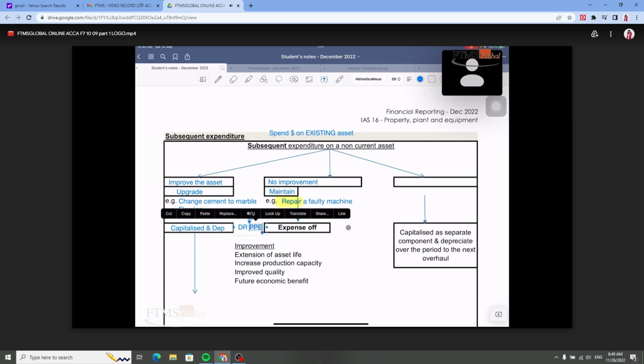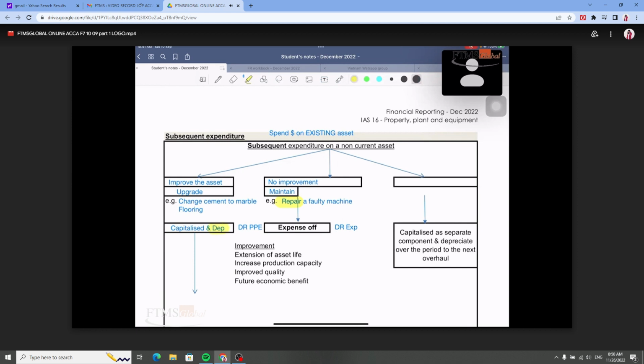Expense off, in short, means debit expense. So that's the accounting treatment. No improvement, debit expense. If there's improvement, debit PPE. Then of course, if you debit PPE, don't forget to do depreciation.